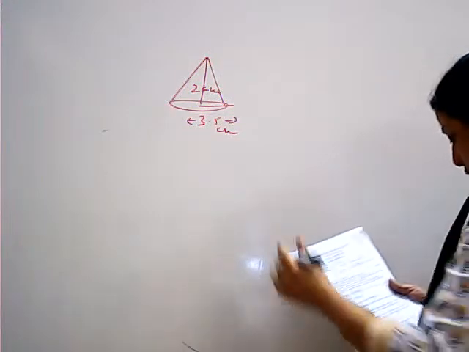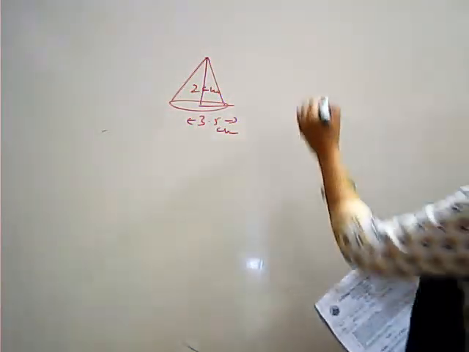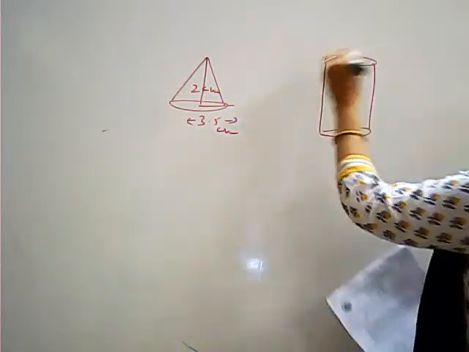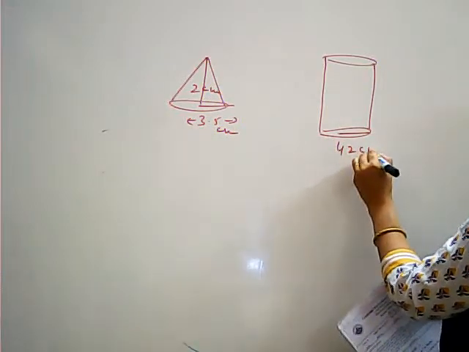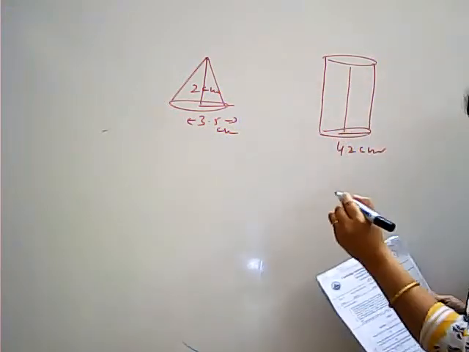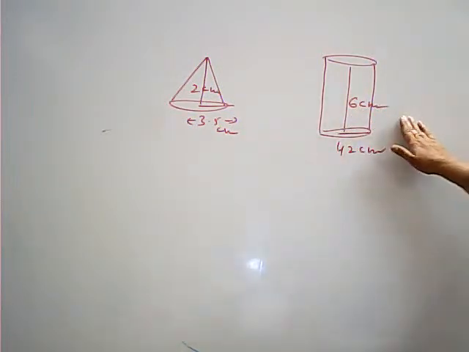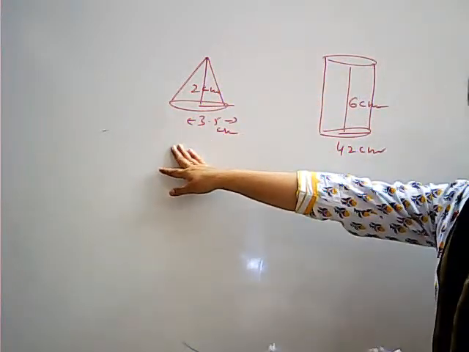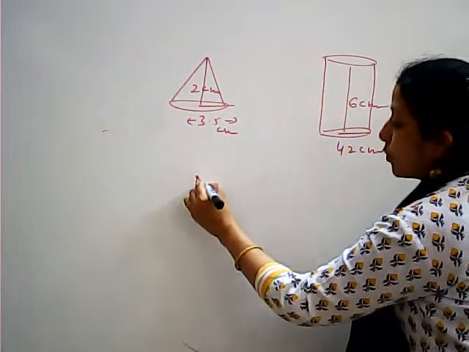And one cylinder is also there, which is melted, and cones are formed. The cylinder was of radius 42 centimeter and of height 6 centimeter. Okay, so one cylinder is melted to form cones. You have to find the number of cones.